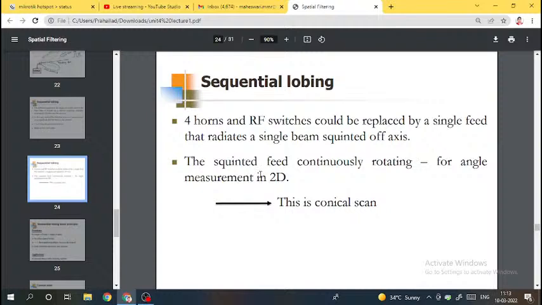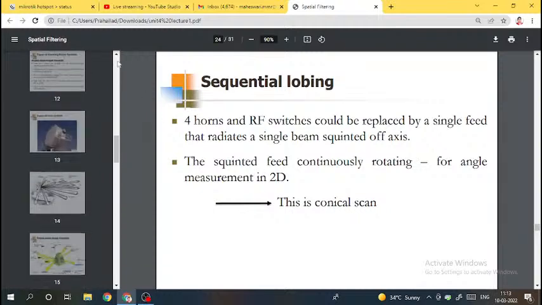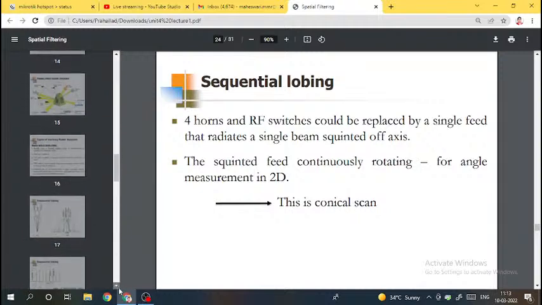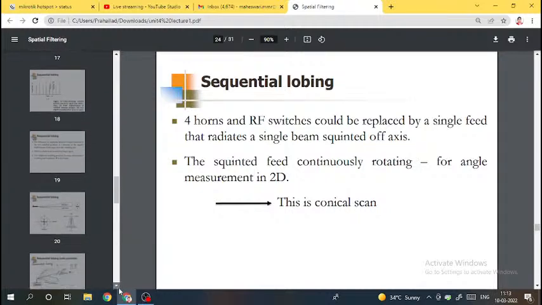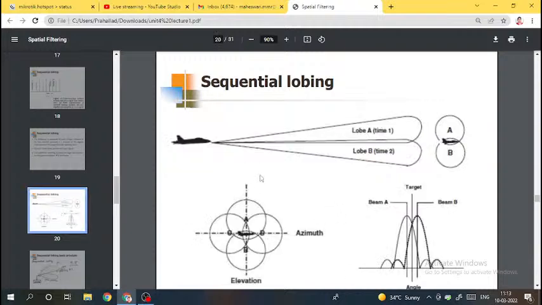See, we are using only 4 different directions. Yes or no? So in sequential lobing, we are using 4 different directions, right? You'll be using right, up, left, down.